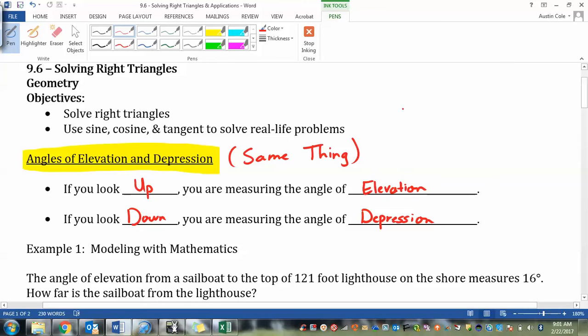The biggest thing of all, I want you to write this in a star here. Say must be created by line of sight and horizontal.